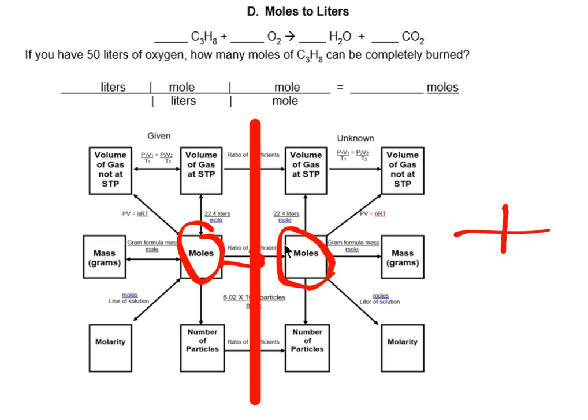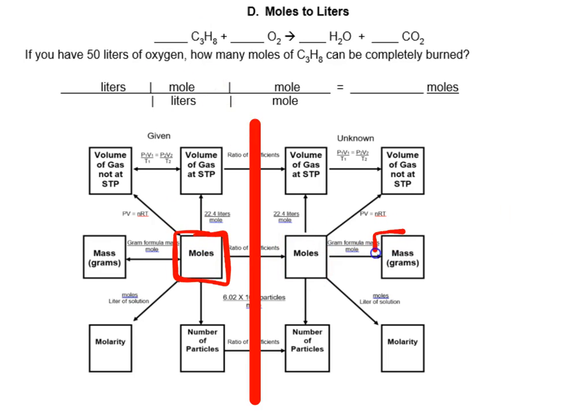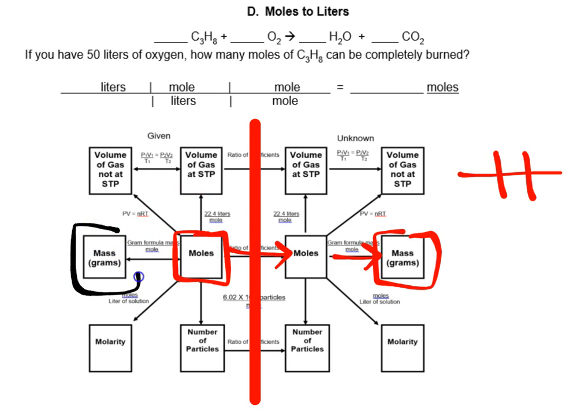If I go from moles to grams, I go over, and I'm not there yet, so I got to go over. Moles to grams or grams to moles took 2 arrows to convert them. So it was 2. You okay with that?